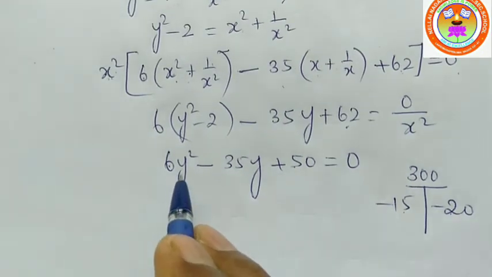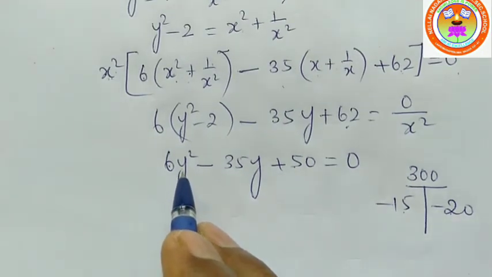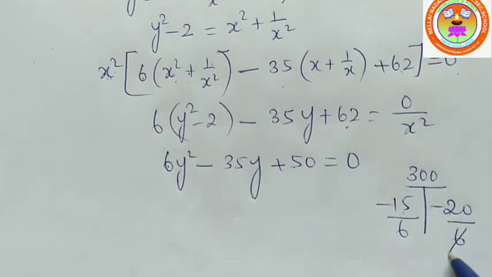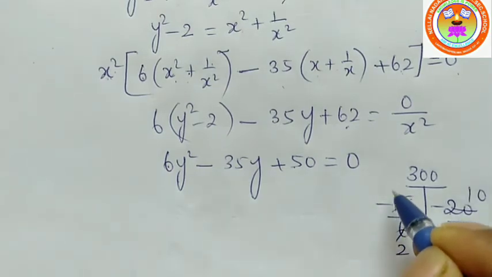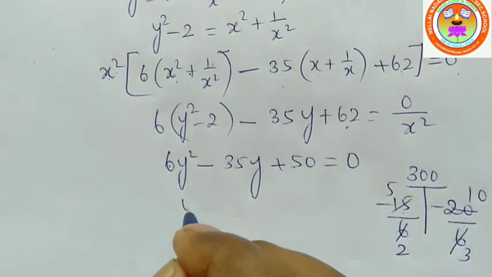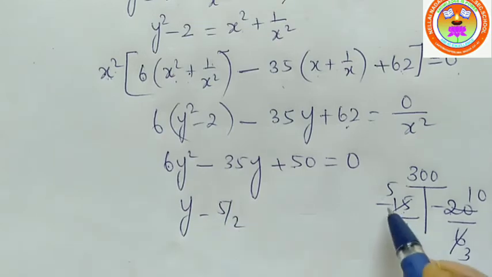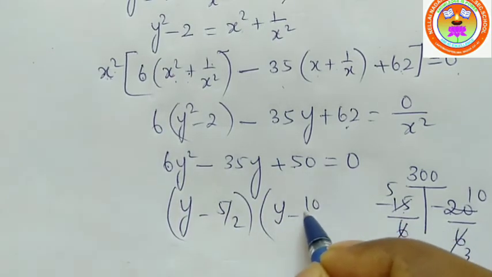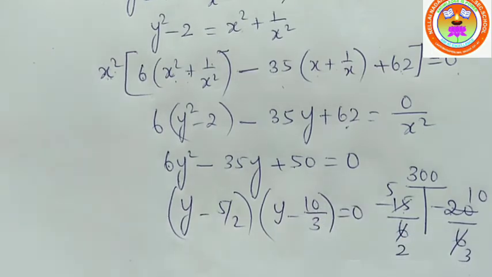The first number, see, the square term contains one numerical coefficient, 6. So divide by 6. 3 2s are 6, 10 2s are 2 3s are 5 3s are. So we can write the answer directly, that is (y minus 5 by 2) and (y minus 10 by 3), which is equal to 0.